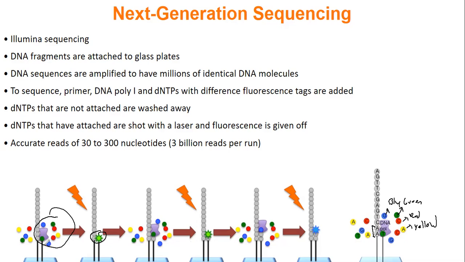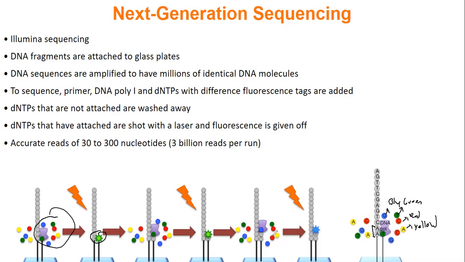So we add all 4 of our nucleotides, 1 T hydrogen bonds to our template, hit it with light, we get green light out. Then you wash everything away, reset the reaction, add 4 nucleotides, 1 T sticks on again, hit it with light, you get another green light out, wash everything away, add all 4 nucleotides again.